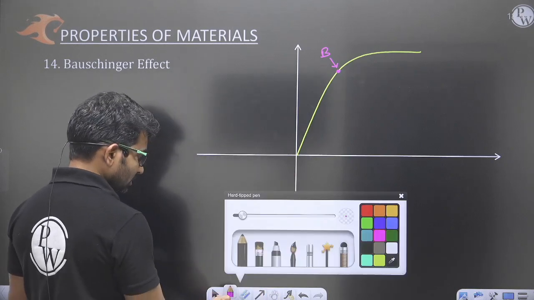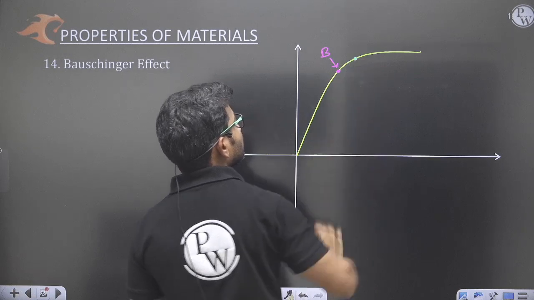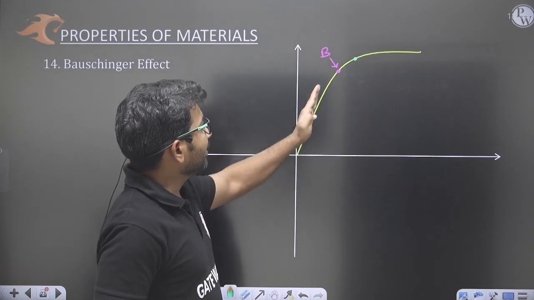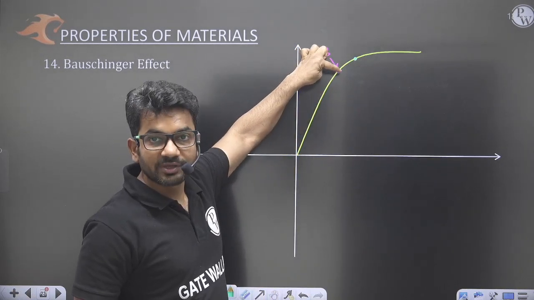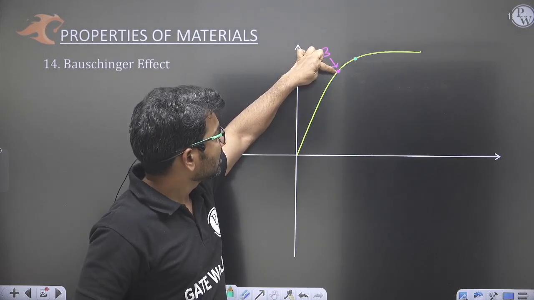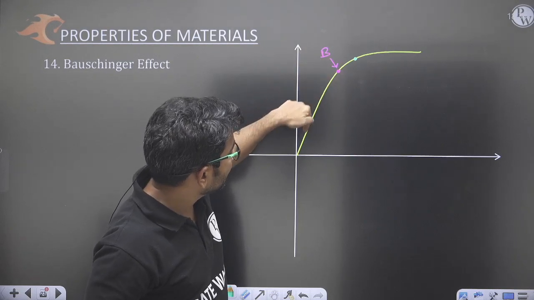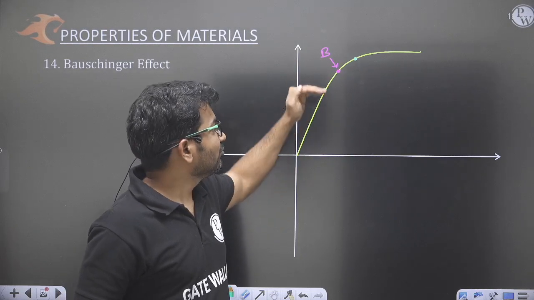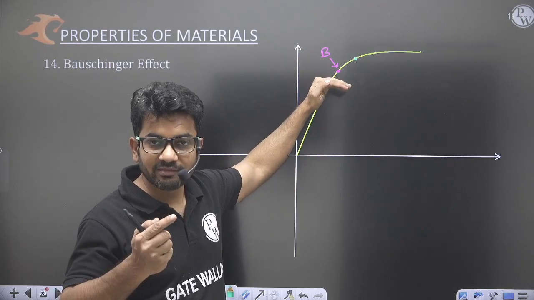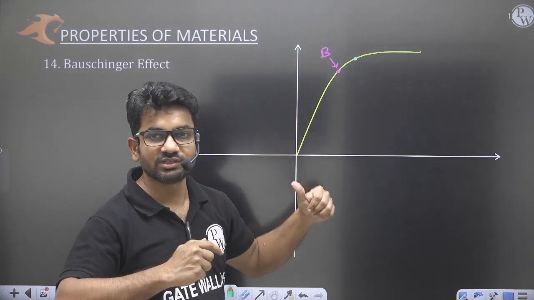Now, if I load this material up to point B, up to the elastic limit, and then unload the material, what will happen? The unloading curve will be the same as the loading curve, and since I have loaded within the elastic limit, the material will regain its original shape and size.